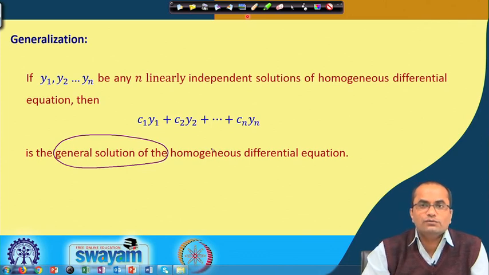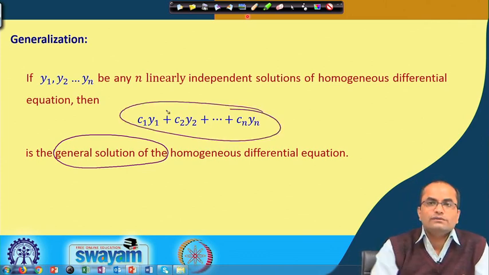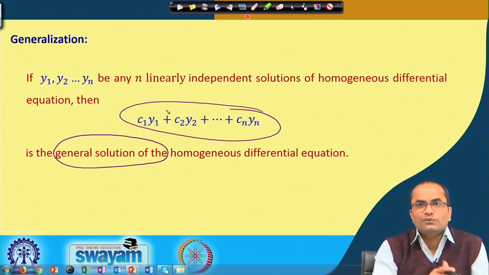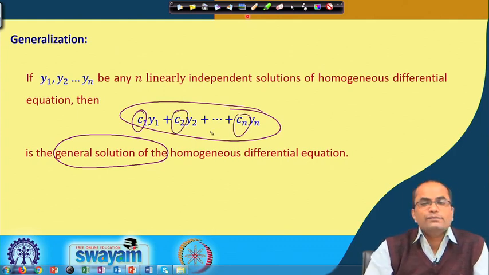of the given homogeneous differential equation, because this is a solution of the given differential equation that we can prove like we have done for two functions, and this solution has n arbitrary constants.